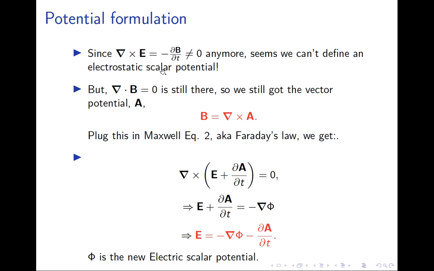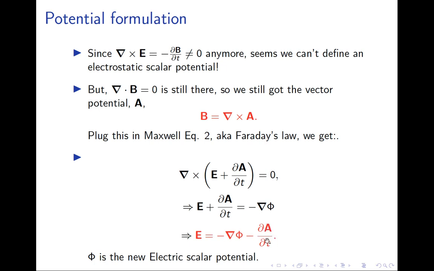If you bring it to this side and write B equal to curl of A, you get curl of (E plus del A del t) equal to 0. So now this is beginning to look like something which we recognize. Curl of some vector quantity is 0, and curl of a vector quantity being 0 means that vector quantity, in this case this, must be equal to the gradient of a scalar. Or in other words, E is equal to minus gradient of phi minus del A del t.